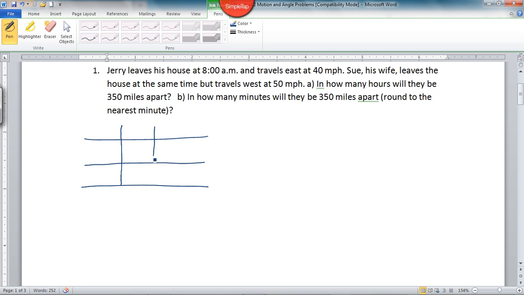In this table we're going to have a line for Jerry and a line for Sue. And along the top, I'm going to put the rate in the first column, then the time in the second column, and then the distance in the third column.